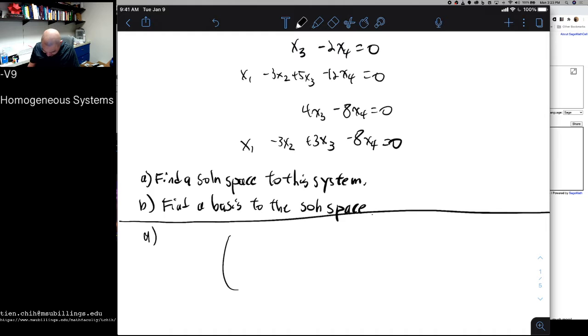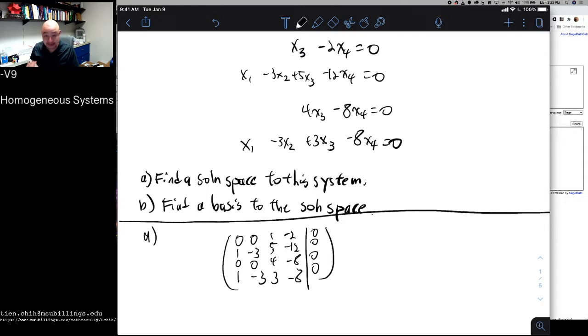And so let's write out our augmented matrix. We have 1, 0, 0, 1, 0, minus 3, 0, minus 3, 1, 5, 4, 3, and lastly, minus 2, minus 12, minus 8, and of course that's all equal to 0.